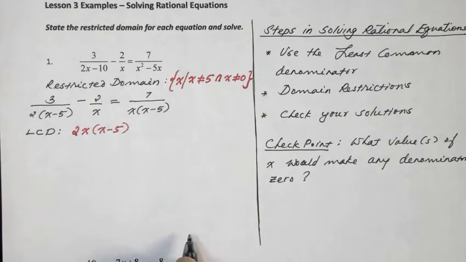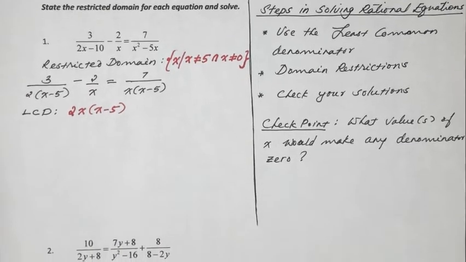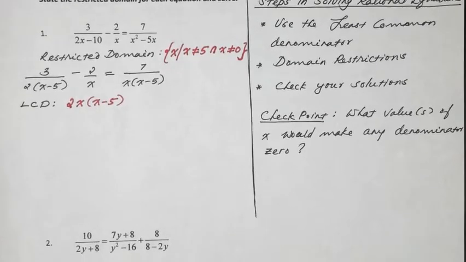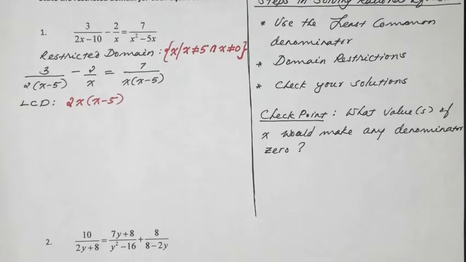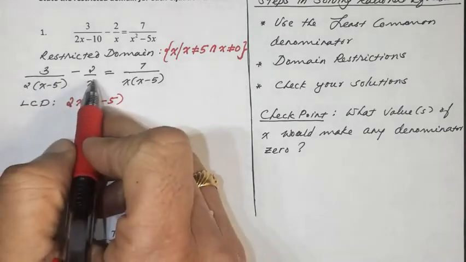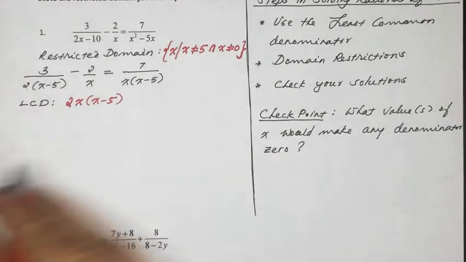So the least common denominator is 2x times x minus 5. Now to continue, we need to multiply the least common denominator on both sides of the original equation or the simplified equation, whichever you want to look at.